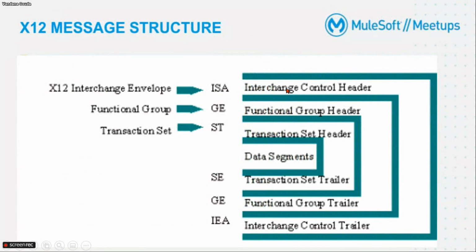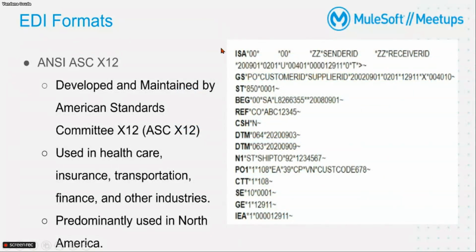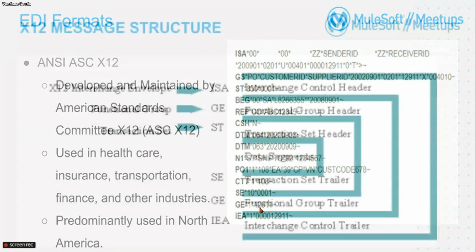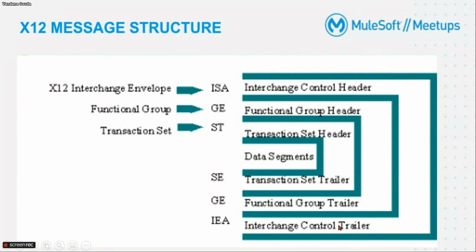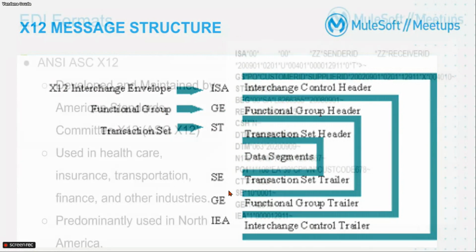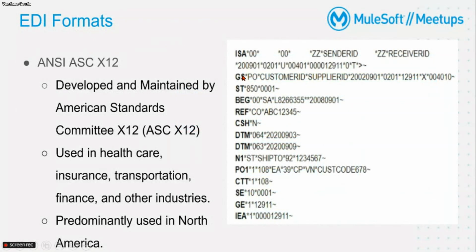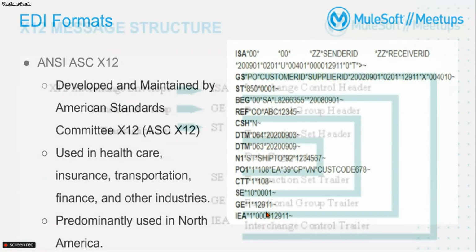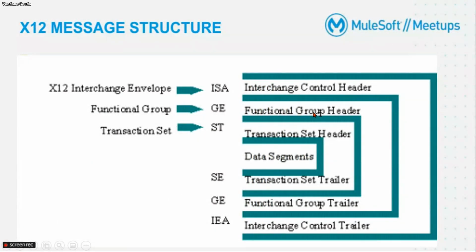This is called the interchange control header, and it ends with IEA. Once ISA is opened, it should end with IEA. IEA is called the interchange control trailer. Then we have the functional group, GS and GE. It means a functional group header and a functional group trailer.